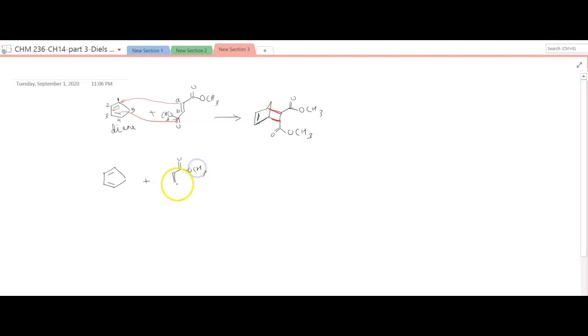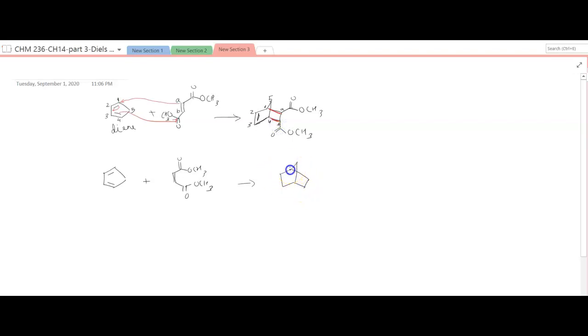So again the ester group, and I have OCH3. What will be the product? What will the product look like? You will again have the bicyclo ring, right? So if you go back and number this, we have 1, 2, 3, 4. Now the fifth carbon atom has gone up, and this is my A and B.